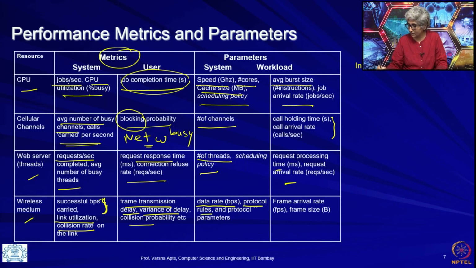Then, very important, protocol rules, because usage, like I said, involves a resource sharing policy. Whenever there is a resource, there is a sharing policy. In networking, these policies are determined by protocols. In the case of the wireless medium, there is an access protocol.